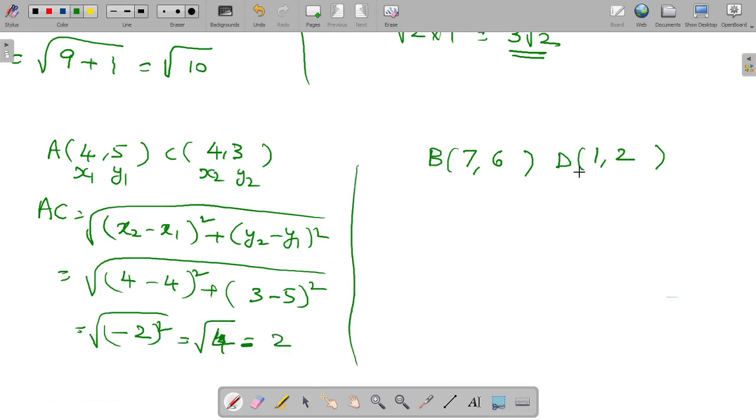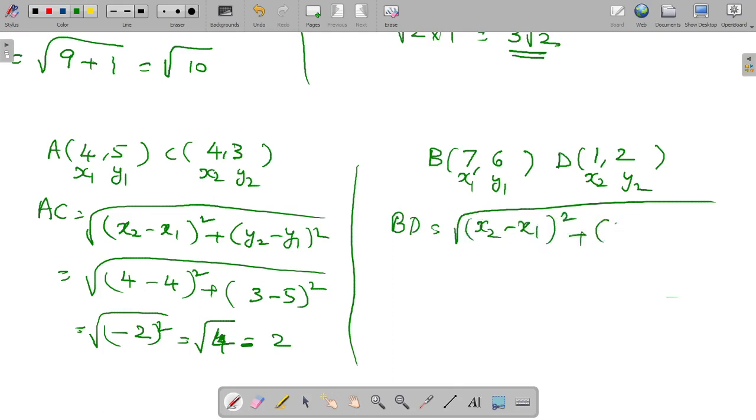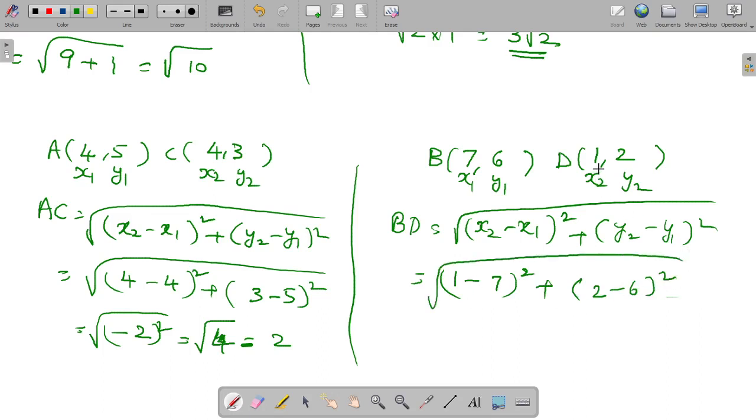In the same way, B and D. BD is equal to the square root of (x2 minus x1) whole square plus (y2 minus y1) whole square, which is (1 minus 7) whole square plus (2 minus 6) whole square, which is minus 6 whole square plus minus 4 whole square.